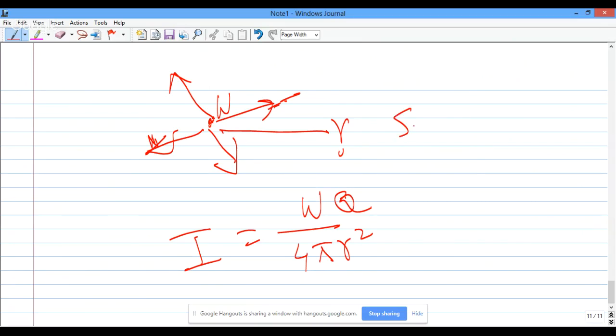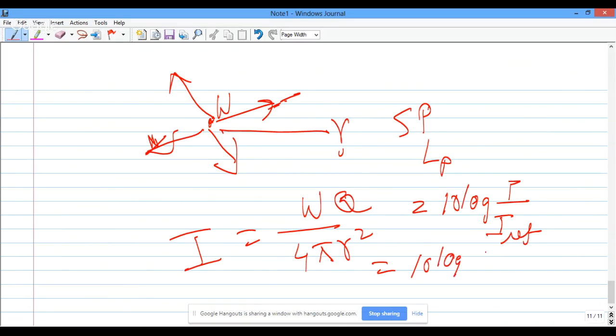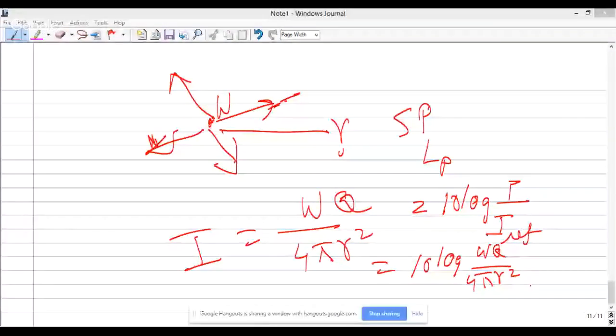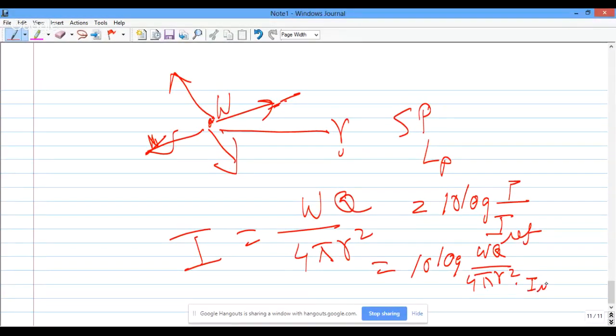And sound pressure level, SPL, or sound level, is nothing but 10 log I by I reference. So at a distance R, it will be 10 log of WQ divided by 4 pi r square, divided by I reference.